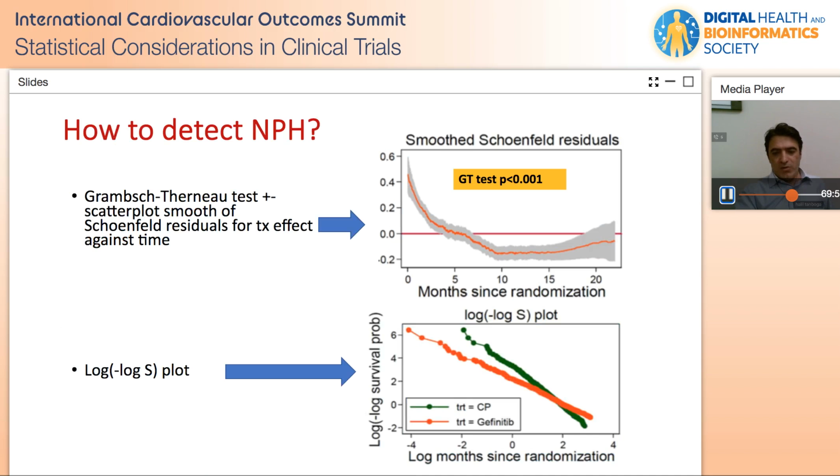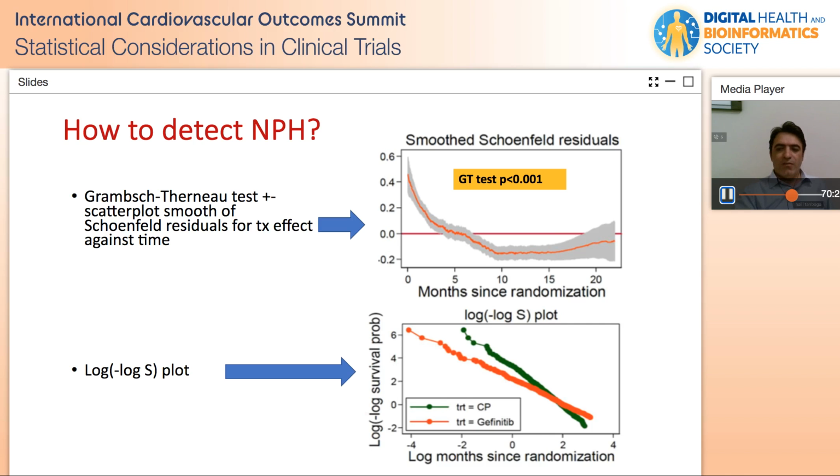Well, then how to demonstrate the presence of non-proportional hazard? For this purpose, there are formal statistical tests as well as graphic-based methods. The Grambsch-Therneau test is a formal test based on Schoenfeld residuals.